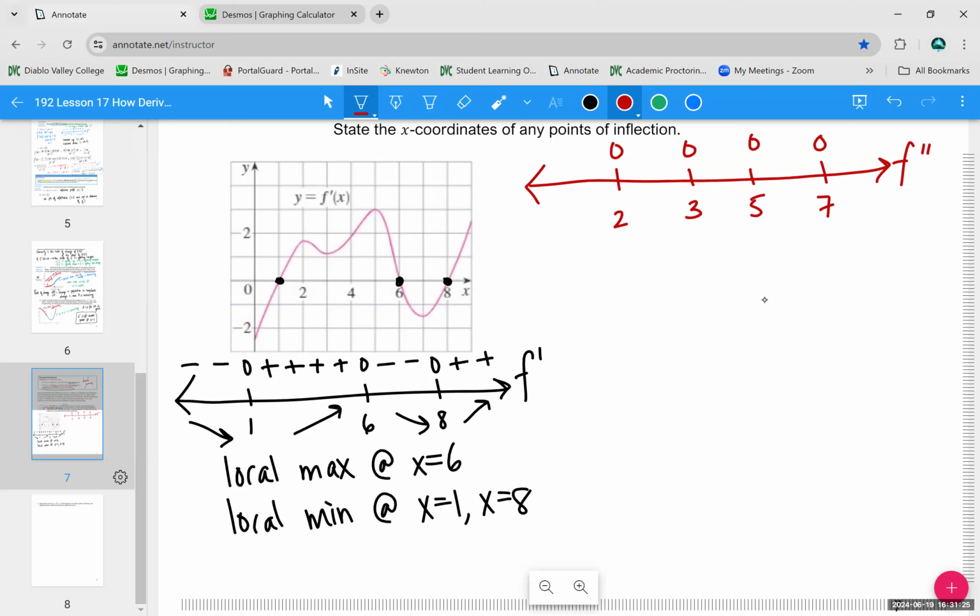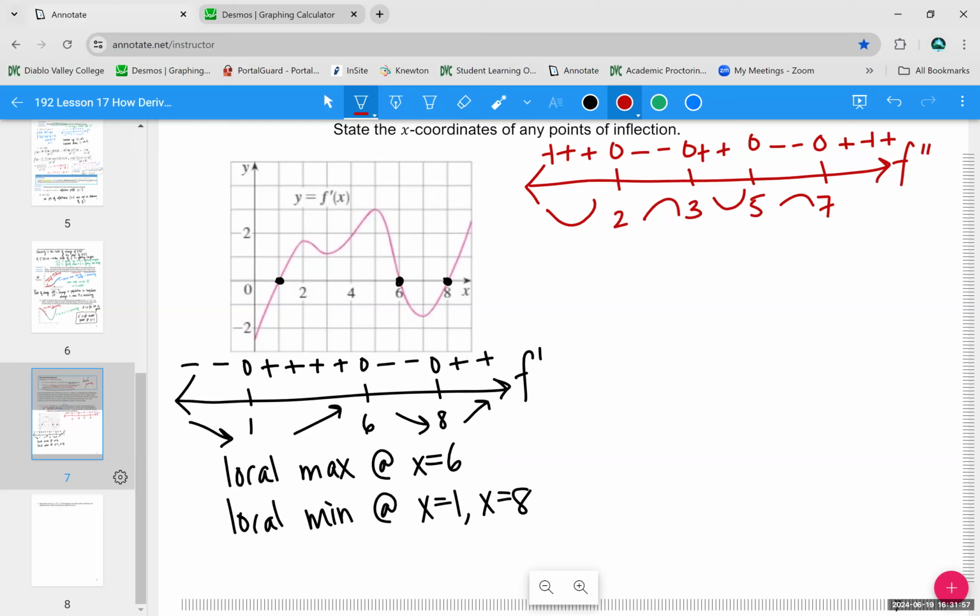And then we need to fill in whether they're positive and negative in each of these places, which would just be, again, f double prime is just the derivative of this graph. So we're looking at increase, positive, decrease, negative, increase, positive, etc. So it looks like it would fill in as plus because it's increasing, then it's decreasing, and it looks like it really is just alternating, right?